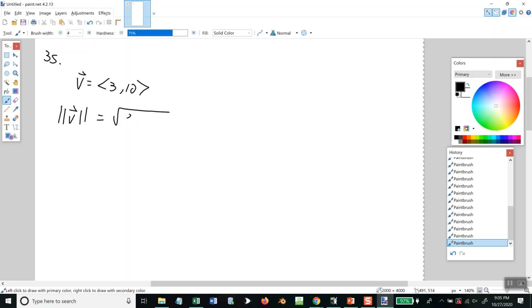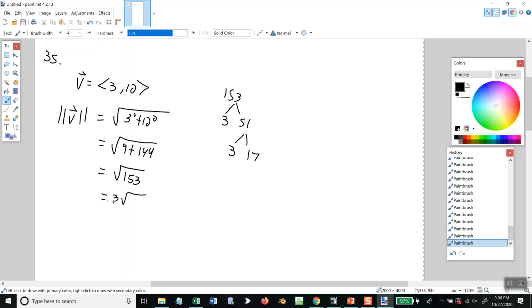It's going to be the square root of 3 squared plus 12 squared. It's 9 plus 144, 153. That's bad. That's 3 square root of 17.